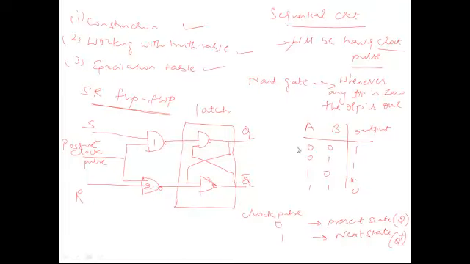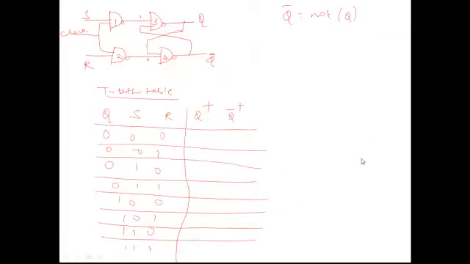You can see in a NAND gate, if any input is 1, the output can be either 1 or 0 depending upon the other input. If the other input is 0, you will have 1. If the other input is also 1, you will have 0. So by knowing one input, you cannot predict the output of the NAND gate. You want to know the other input also.